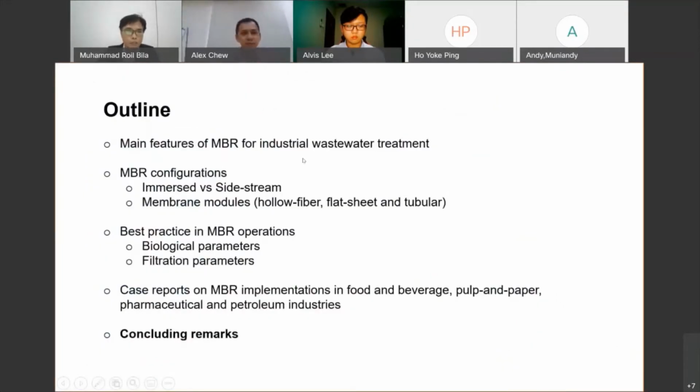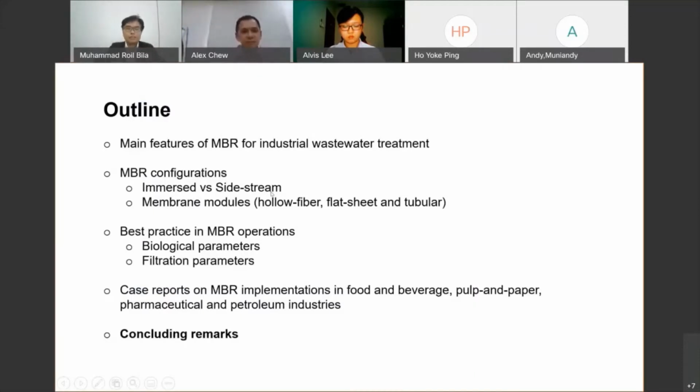Then we'll focus a little bit on membrane configuration. We'll discuss what the objective is, and the advantages and disadvantages.